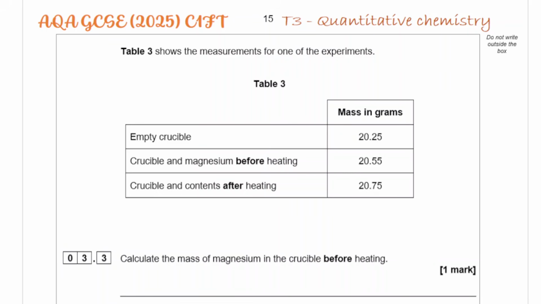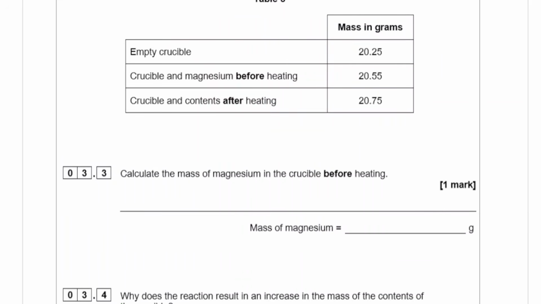Table 3 shows the measurements for one of the experiments. The empty crucible is 20.25 grams. Crucible and magnesium before heating is 20.55. Crucible contents after heating is 20.75. Calculate the mass of the magnesium in the crucible before heating.